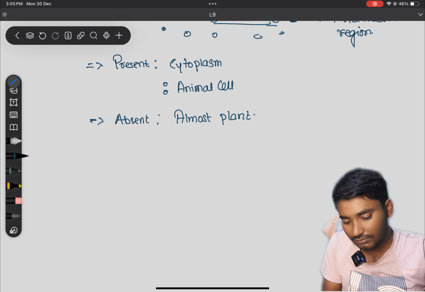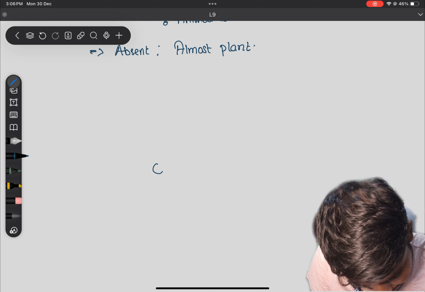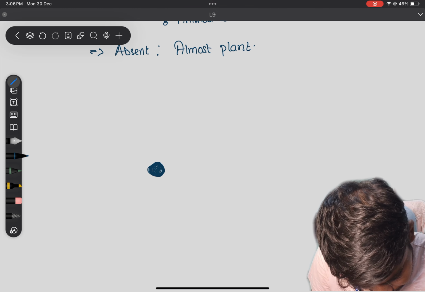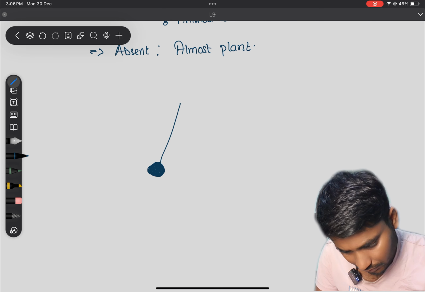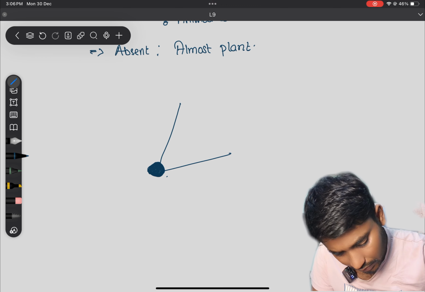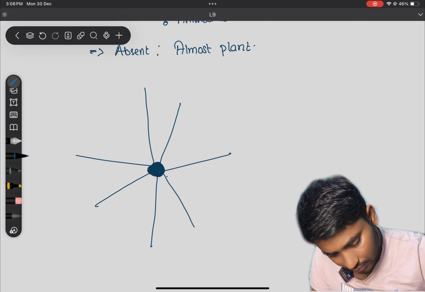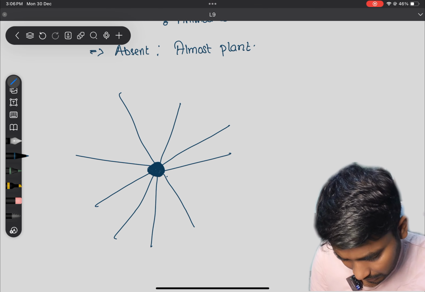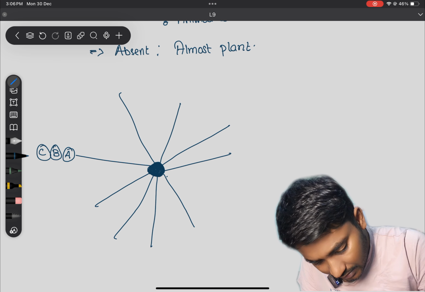Now let me draw a structure. Okay, so here C, B, A, I will index it later.